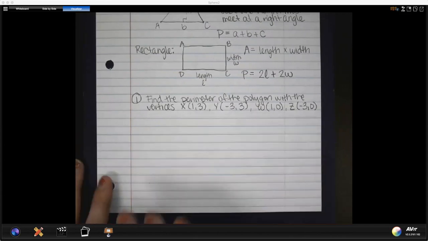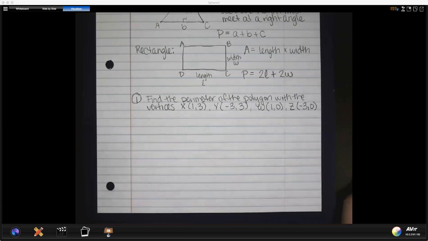Okay, now the easiest way to do this would be on grid paper. But not everyone has grid paper.